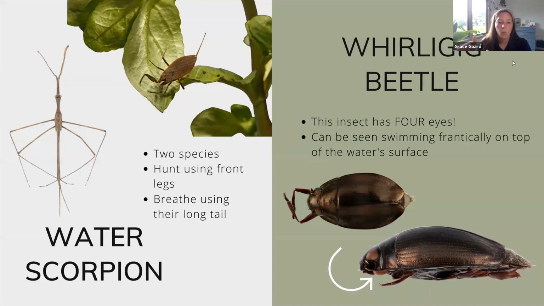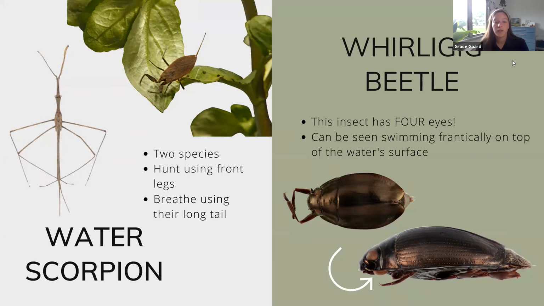2 of them can be the water scorpion, which if you didn't know, we do have water scorpions. They probably won't bite you. I think if they did, it would maybe kind of hurt, but it wouldn't be like a scorpion sting. But they are really a pretty harmless species. There's 2 different kind of varieties that we might be able to see here.